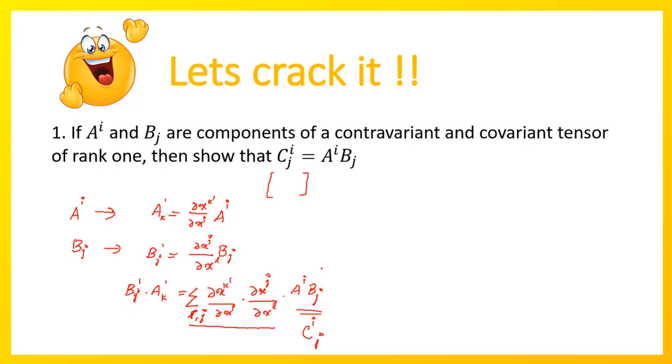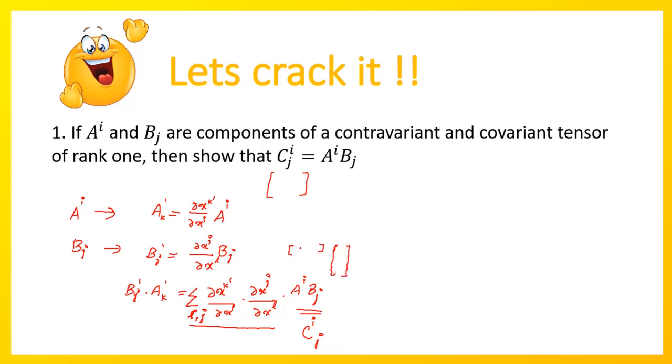You can also see this in a matrix form, because Ai is a contravariant tensor, so it can be represented as a row matrix, whereas Bj is a covariant tensor, represented as a column matrix.